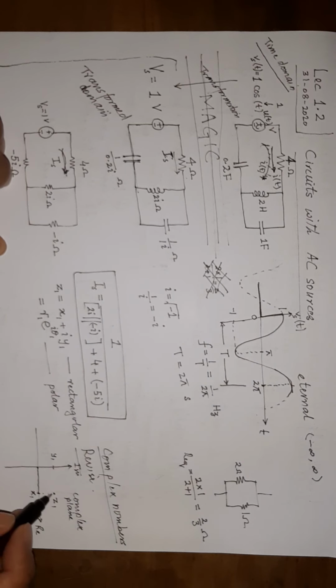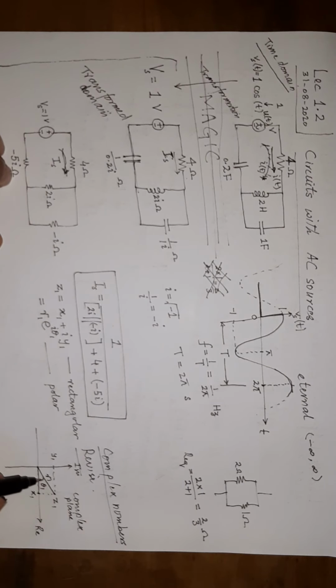So basically x and y are the x and y components of this z1. And this distance from the origin to z1 is r1, and this angle is theta 1. So you see, in the polar coordinates, we need this direct displacement r1 and this angle from the positive x-axis.